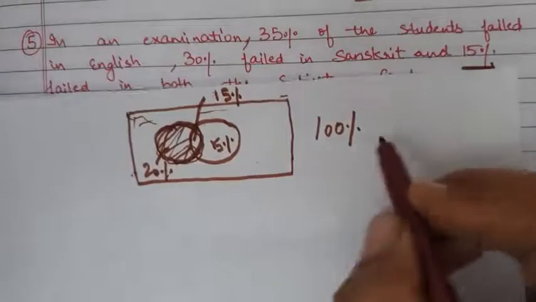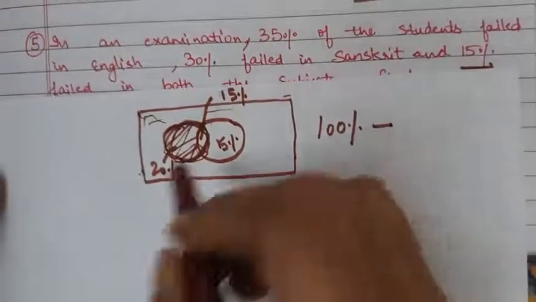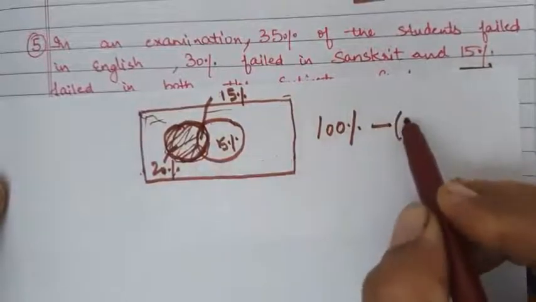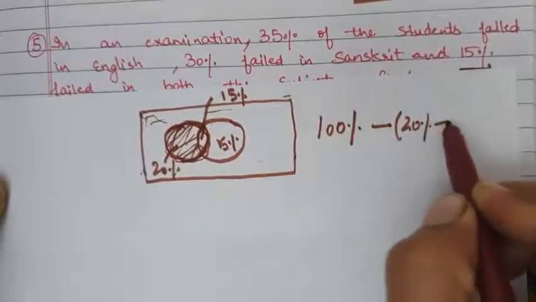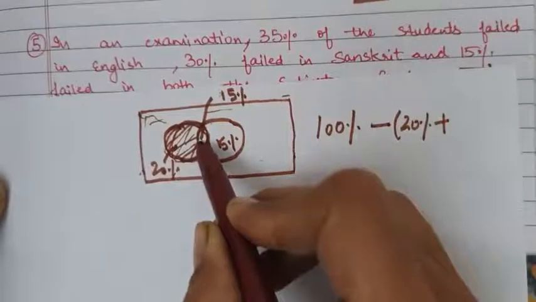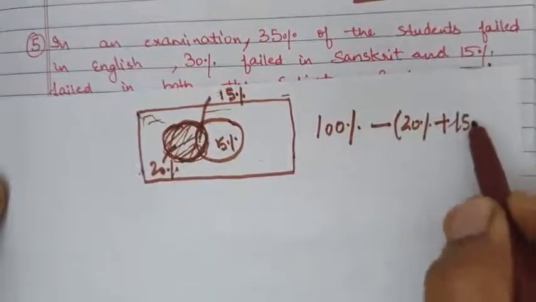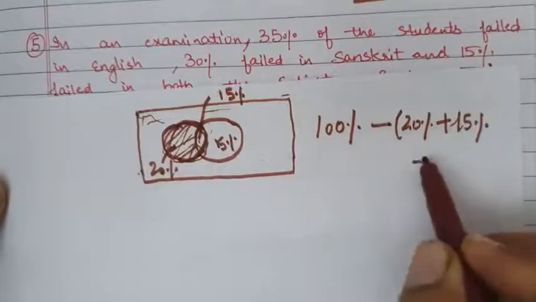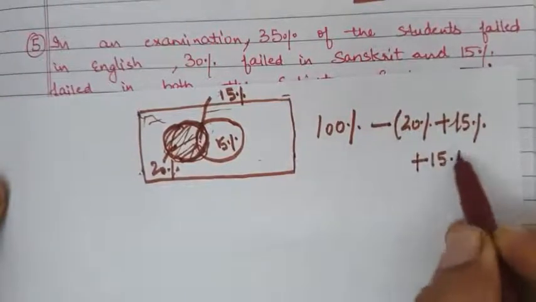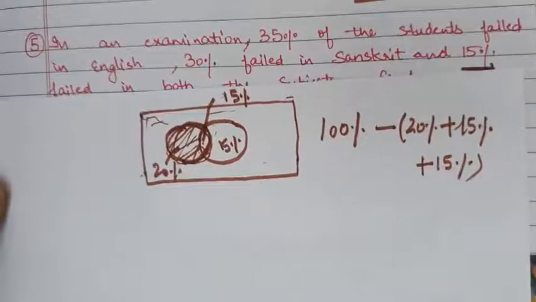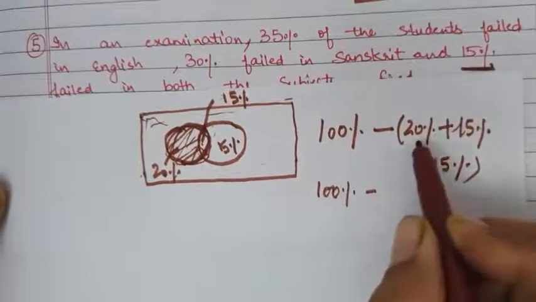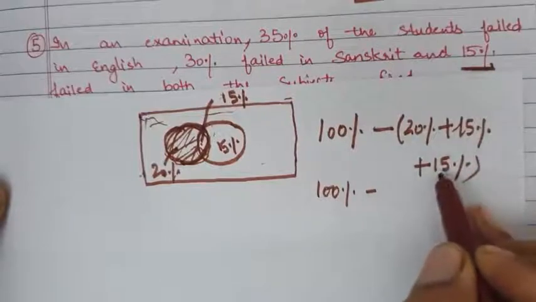Now out of 100%, we will subtract this whole part. This is 20%. This is 15%. This is also 15%. So now 100% minus 20 plus 30, 50.